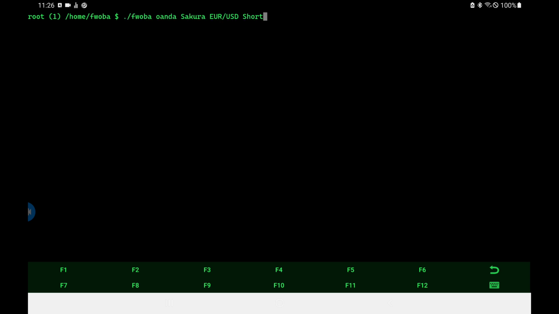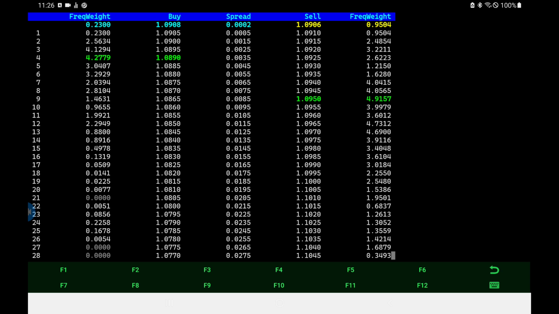So we're going to load the program, and I'm going to look at the market at a short direction. If you want to trade long, then you just replace the word short with long. Press enter, and it will soon load the data. And here is the default view of the market.